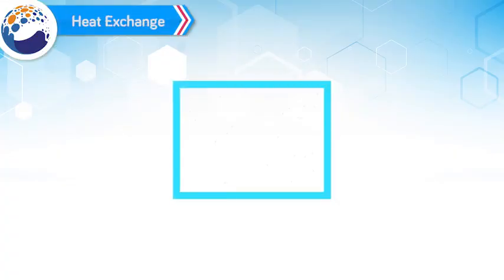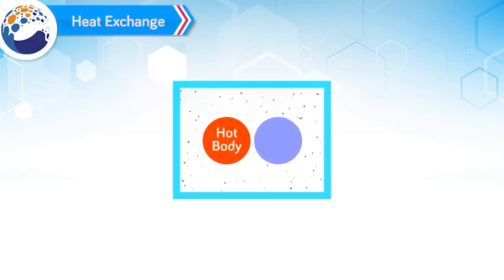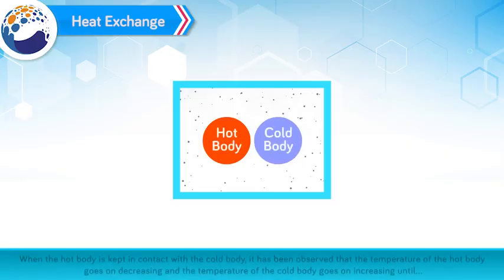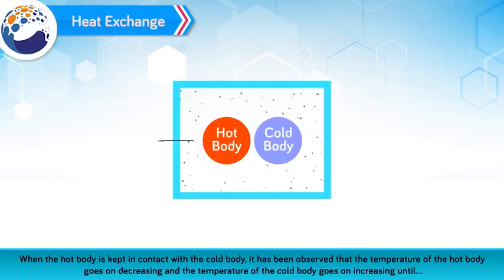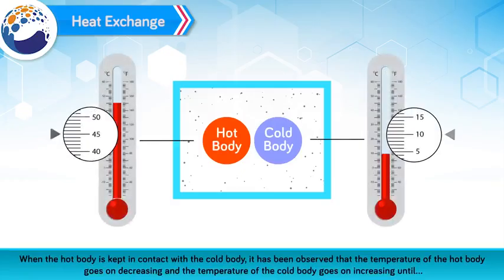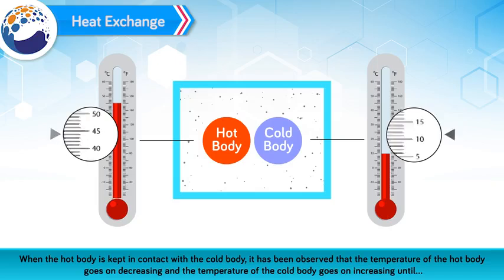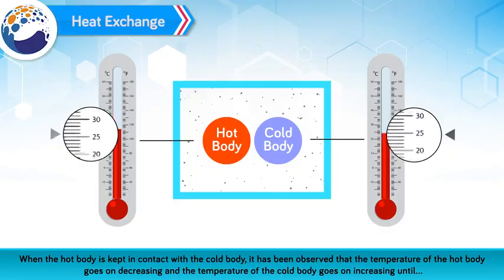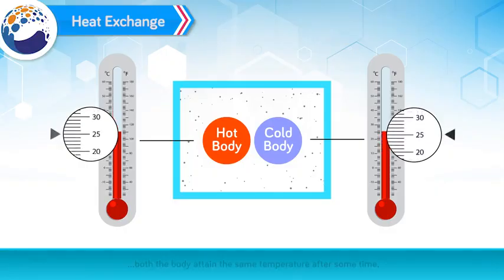Heat exchange. When a hot body is kept in contact with a cold body, it has been observed that the temperature of the hot body goes on decreasing and the temperature of the cold body goes on increasing until both the bodies attain the same temperature after some time.